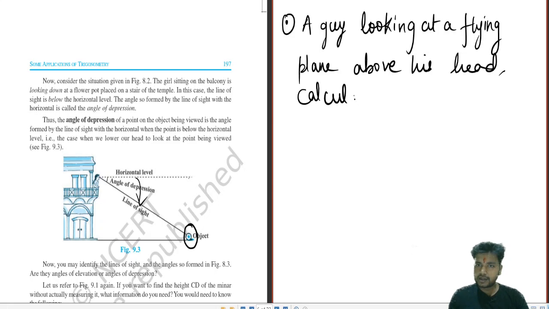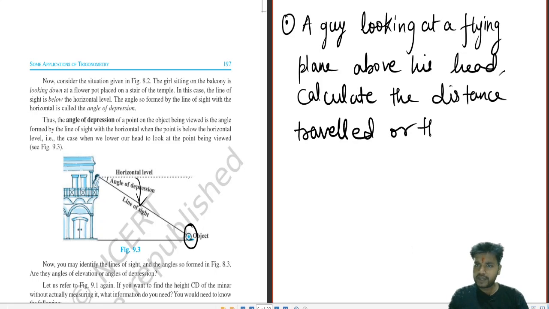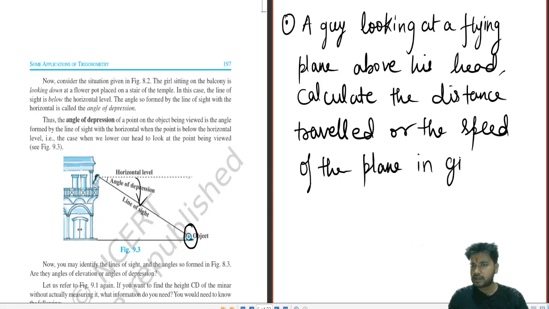Calculate the distance traveled or the speed of the plane in given time. This is the most common and typical question asked by the teachers in your board exams.